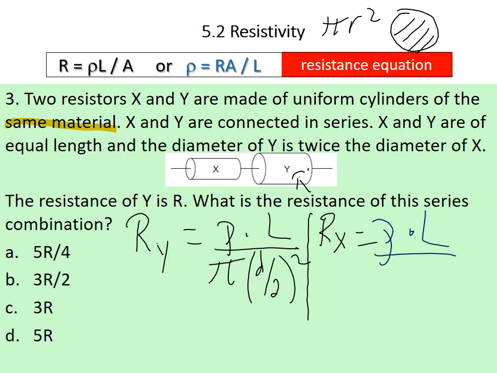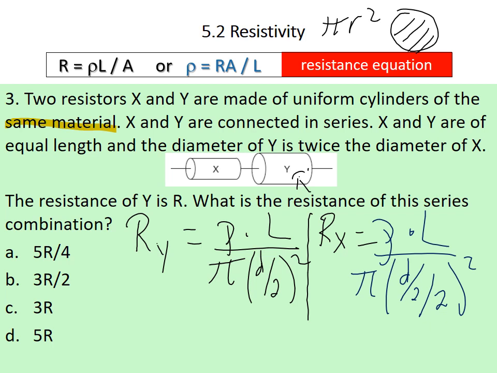All right. Since the diameter of y is twice the diameter of x, that means the diameter of x is 1/2 the diameter of y. So for the area equation down here, for R sub x, I'm going to write pi times diameter over 2, divided by 2, squared.